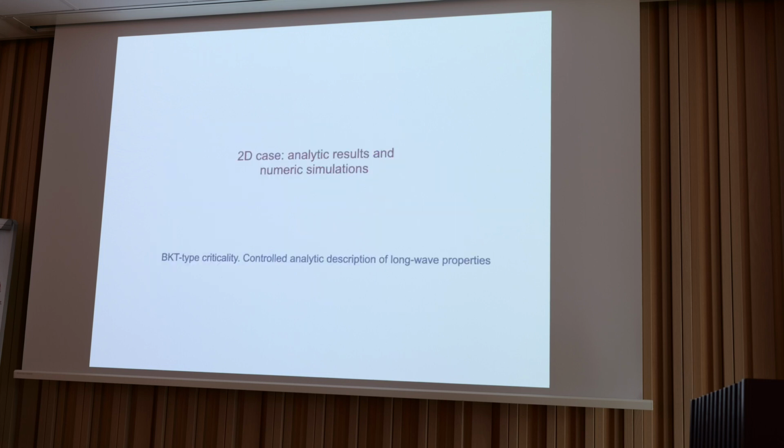But in 2D, we have both theory and simulations showing that it's BKT type criticality with some interesting twists, especially, and this is actually our current work, if we slightly break the component symmetry. So it's essentially a set of vortices. If we have 3 components, we have 3 types of vortices. They are all talking to each other.